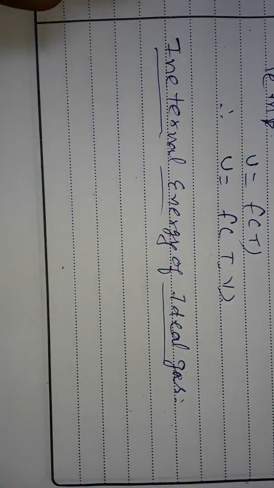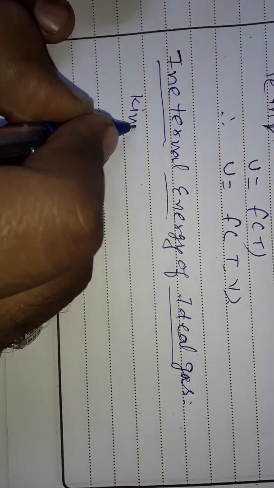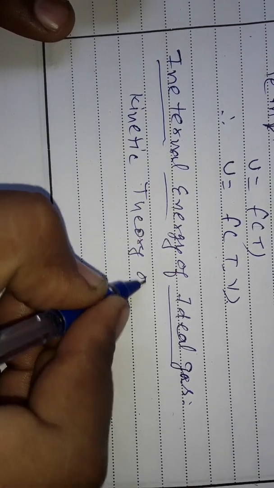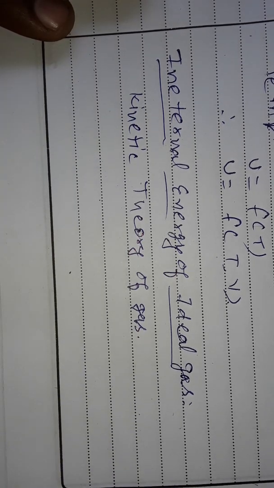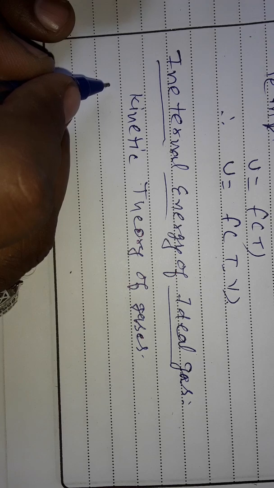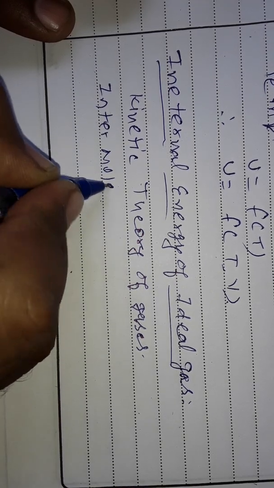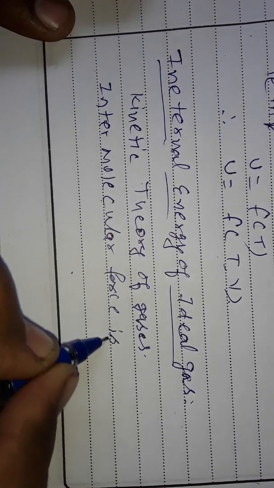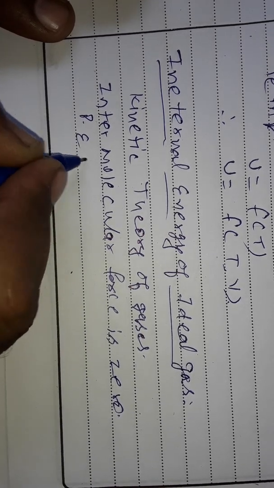Internal energy of an ideal gas. According to the kinetic theory of gases, which gives the model of internal energy of an ideal gas, the intermolecular force is zero between the molecules, so potential energy is zero.